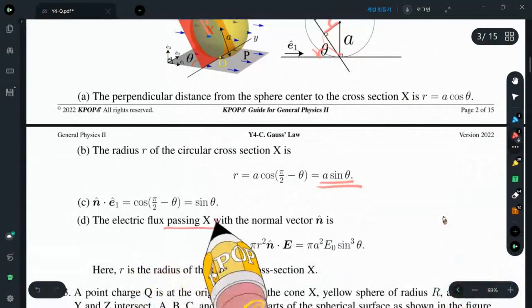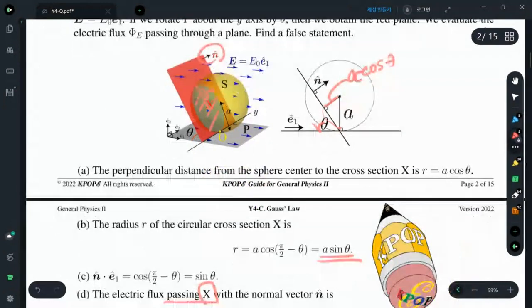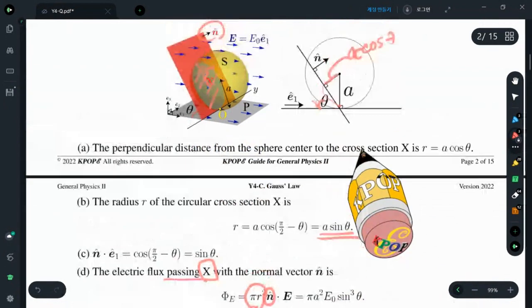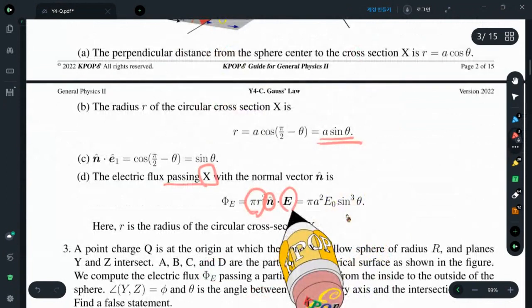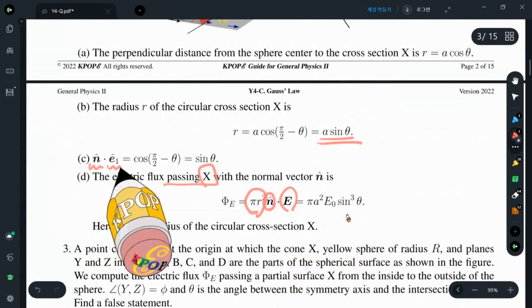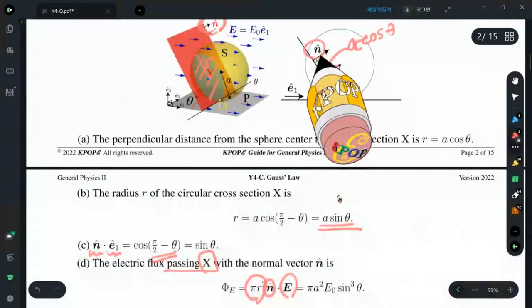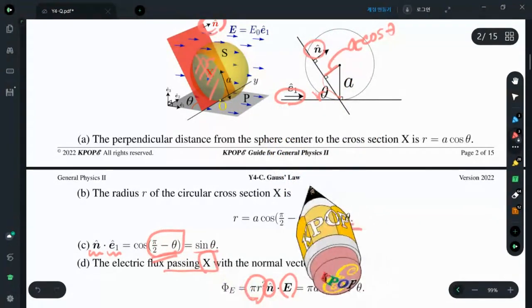The electric field flux passing X with normal vector n hat is the area of this cross-sectional area, and this area vector carries the unit vector n hat, and the electric field. The angle between n hat and E1 is 1/2 pi minus theta, so that gives sine theta.